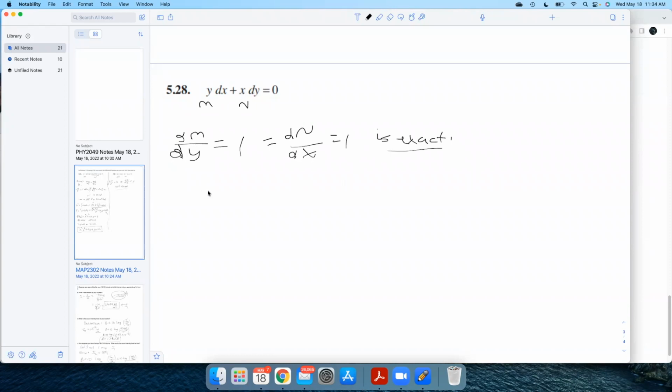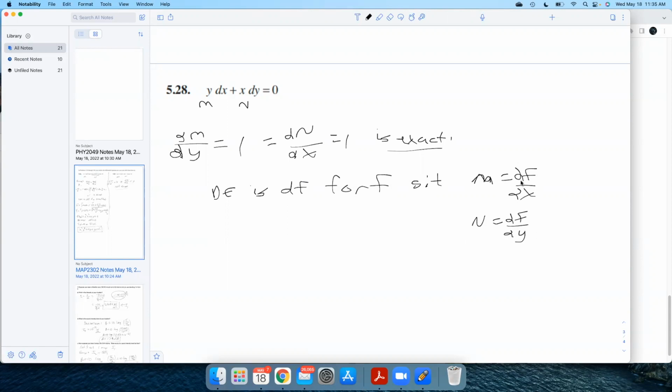I can say, well, then the DE is the full differential for some f such that m is partial f with respect to x and n is partial f with respect to y.